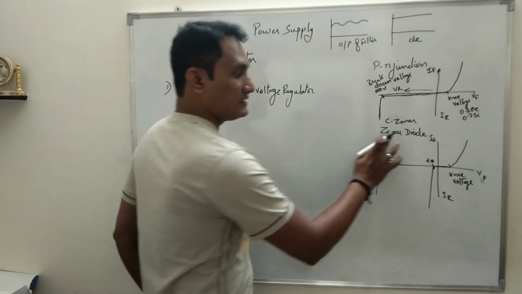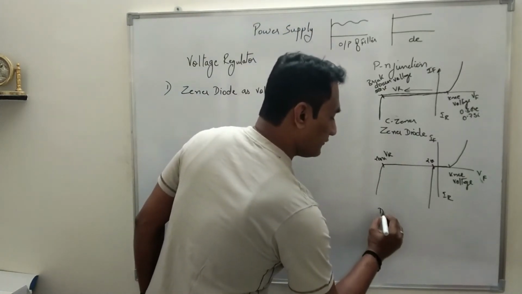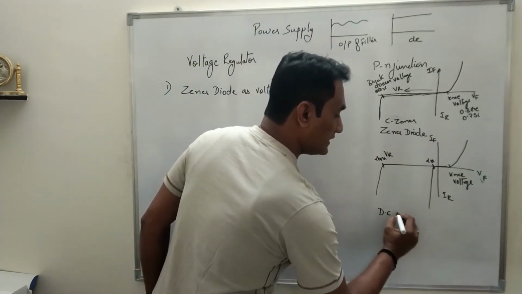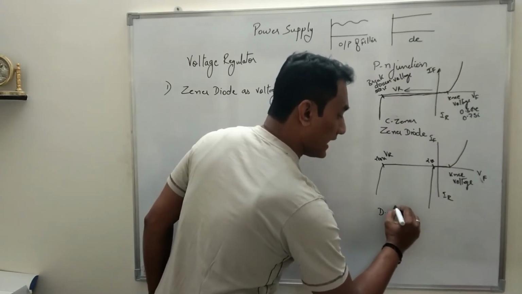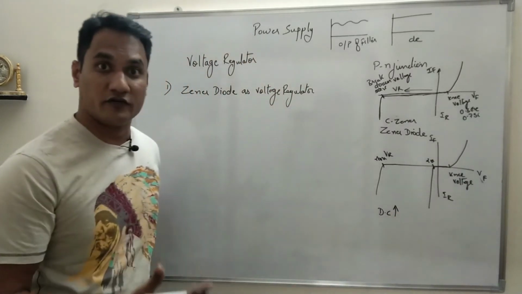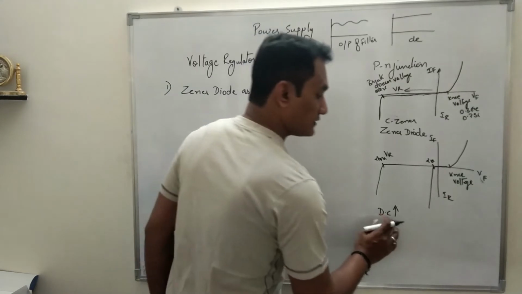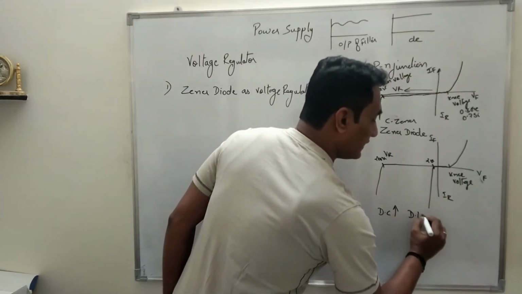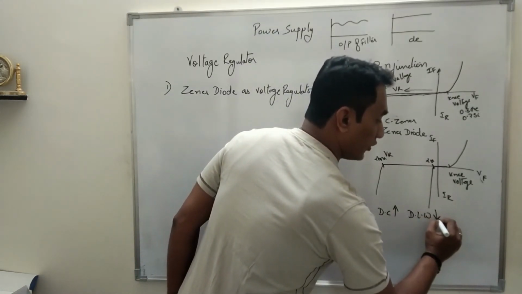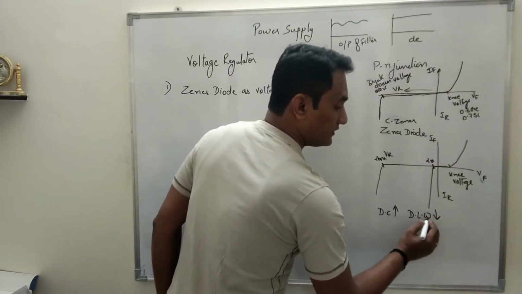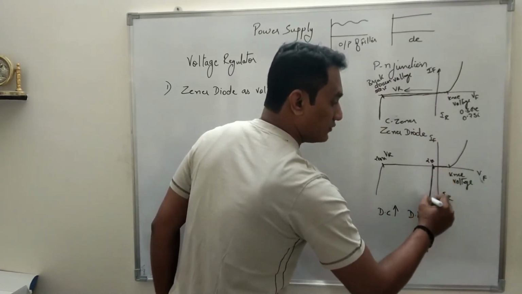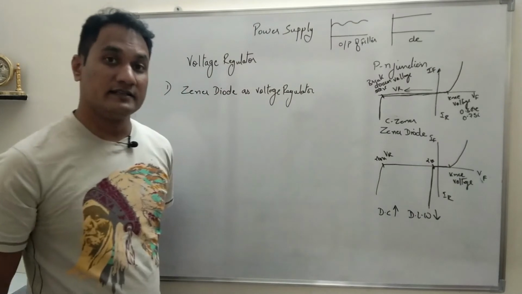So what C. Zener suggested is, if the doping concentration is high, that means a large amount of impurity is added, the depletion layer width is very small. And if the depletion layer width is very small, the breakdown will occur at an early stage.